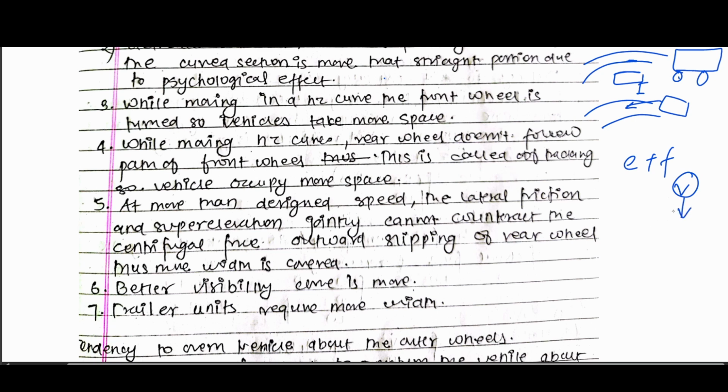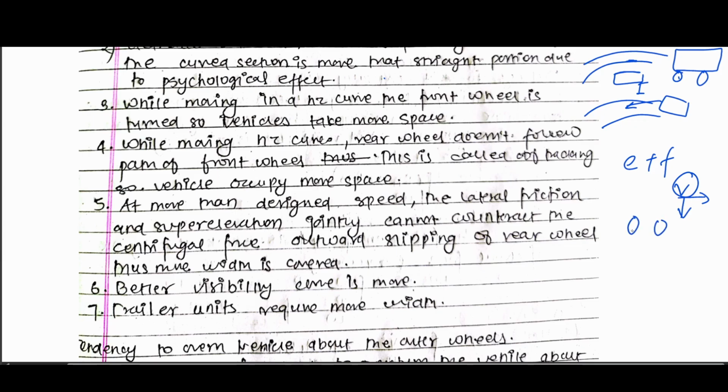Similar to this, if the design speed is more, obviously we don't know what tendency the driver will have, how fast the driver will be driving his vehicle. So we don't know how much the design speed of the vehicle will be. If the design speed is more, then it can cause lateral skidding of the rear wheel.